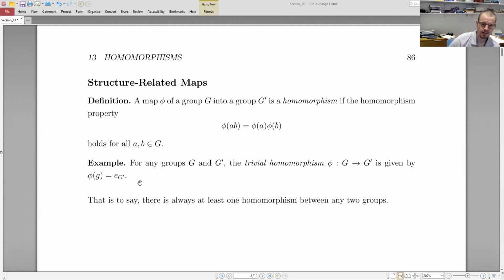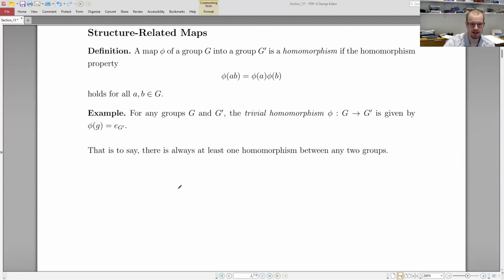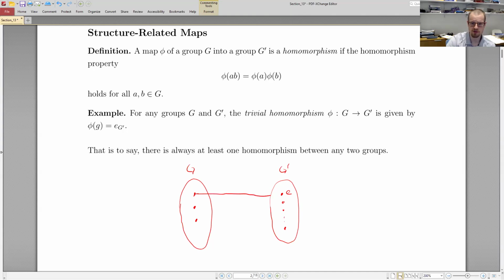Nothing fancy. This is essentially saying, in that same sort of representation that we had in the previous video, here's G, here's G prime. If I have a bunch of elements, whatever they are, I might have a bunch of elements over here too. Doesn't really matter. But if this is the identity, then the trivial homomorphism is the homomorphism that just sends everything to the identity.